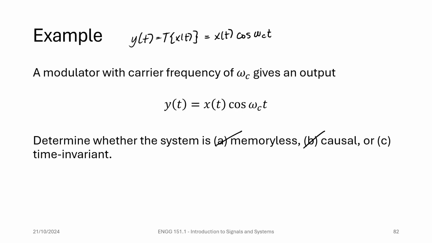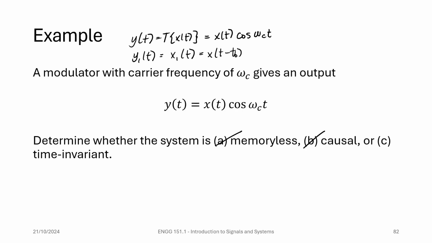Next, is the system time invariant? Let y1 of t be the output of the shifted input. Remember, originally y of t is equal to x of t cosine omega c t. So let's represent y1 of t as the output of the shifted input, where x1 of t is equal to x of t minus t naught.